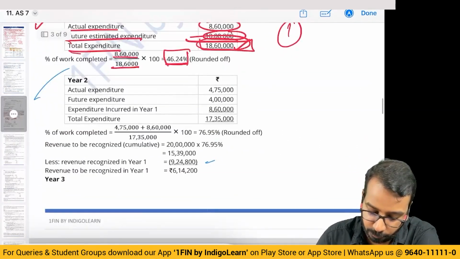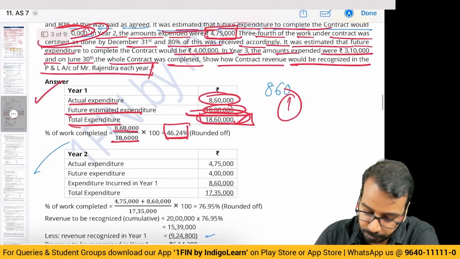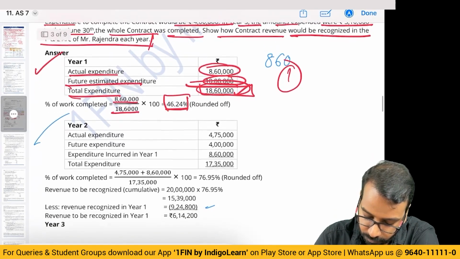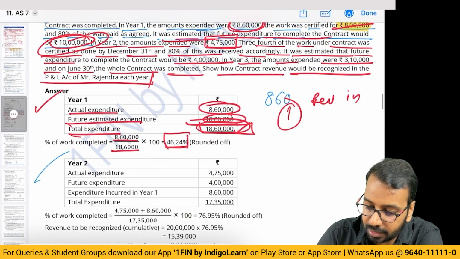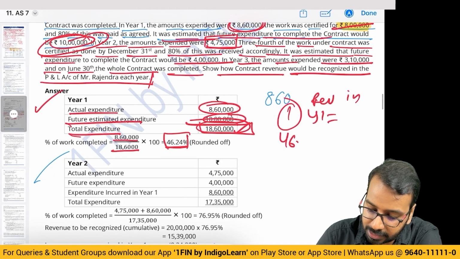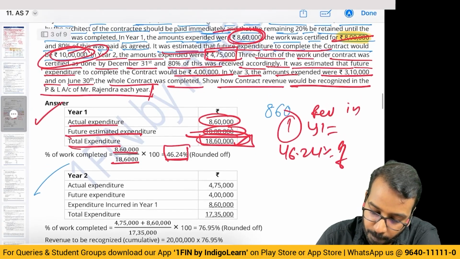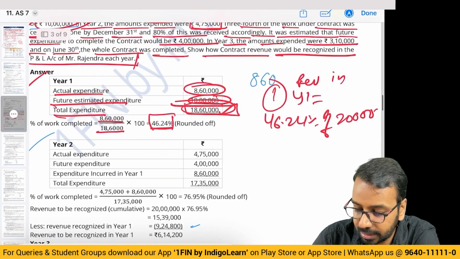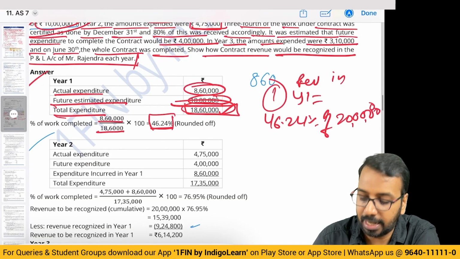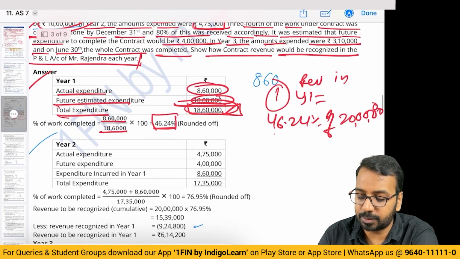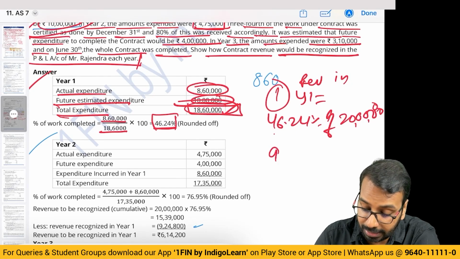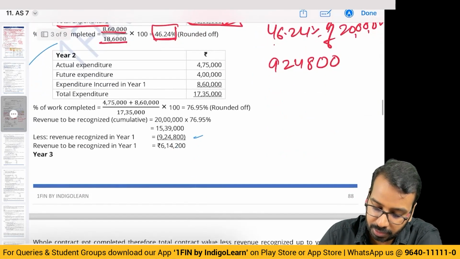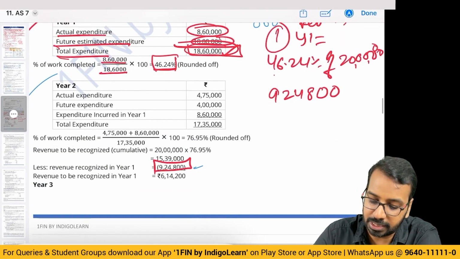So, revenue in year 1 is equal to 46.24% of 20 lakhs. Okay. So 46.24 of 20 lakhs means 46 into 2 is 92. 924800. This is in year 1.